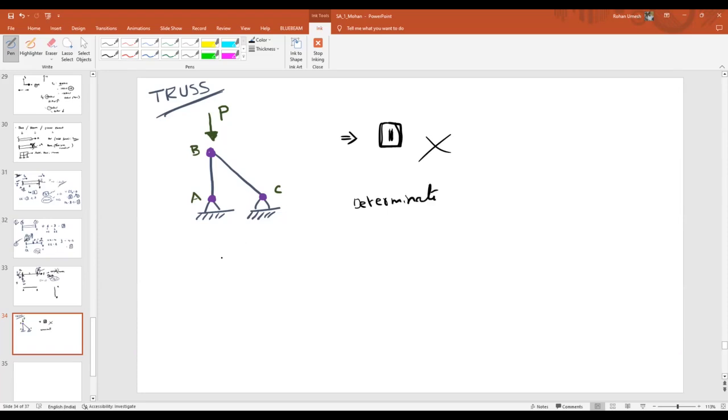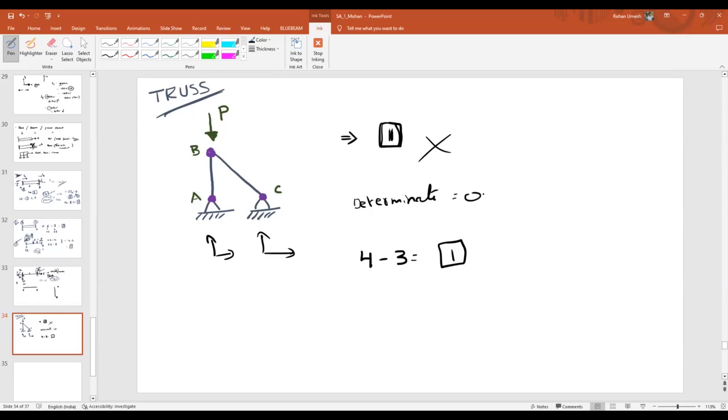As it is a pin support, 2 reactions will develop, so there are 4 unknowns, and for the equilibrium, 4 minus 3 is 1. But can you still think more and get me some other value? As I said, determinate, obviously the value is equal to 0, but can you still think?